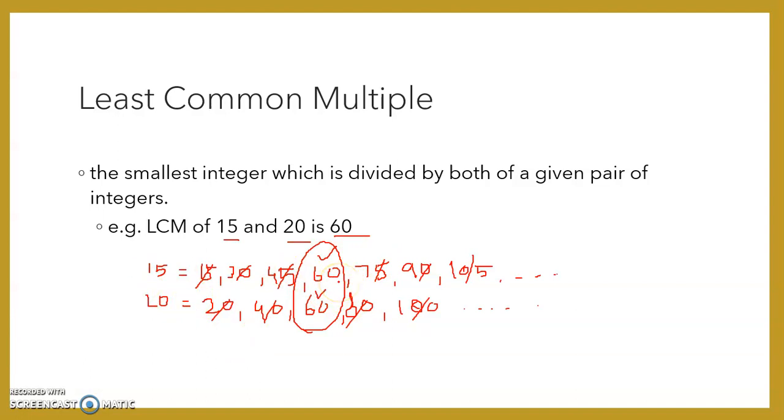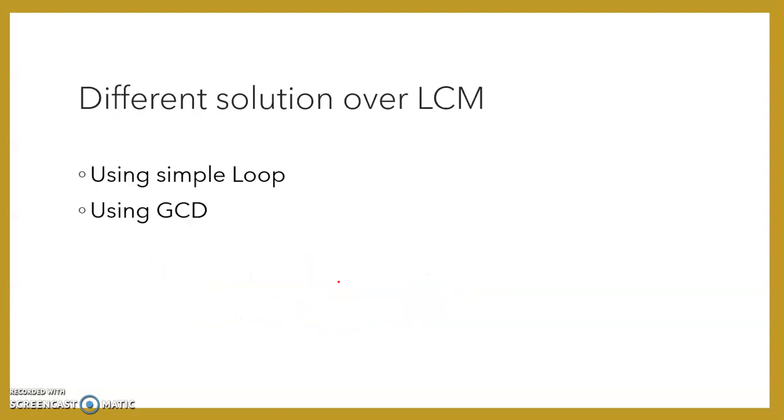So this is about the LCM, simple calculation of LCM. Now when you are writing a program to find out the LCM, one thing I wanted to tell you through this video: here we are learning the LCM, or GCD, or prime numbers.